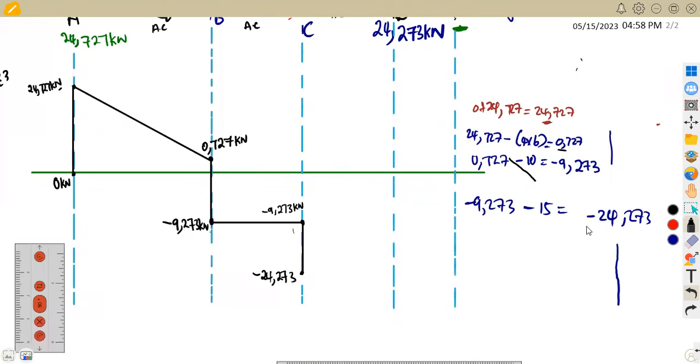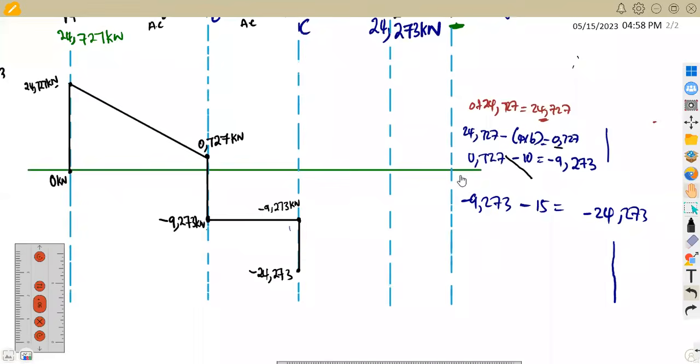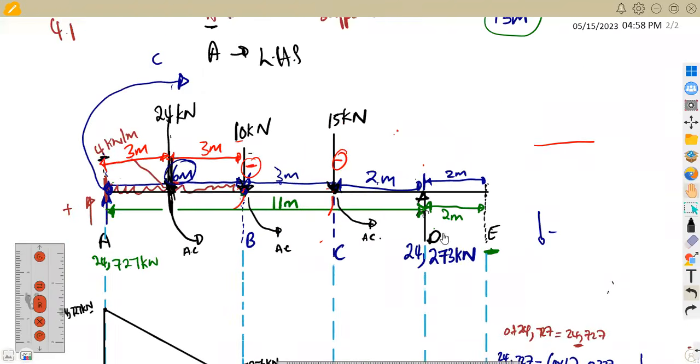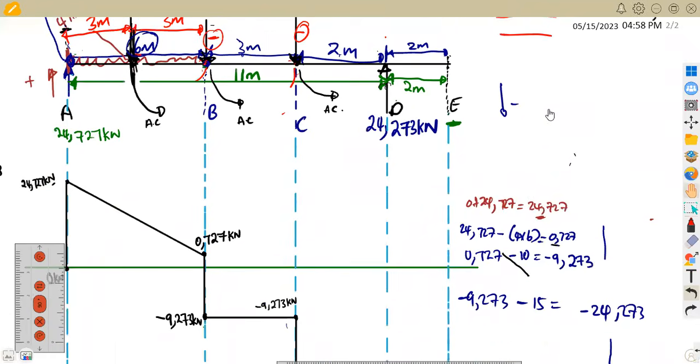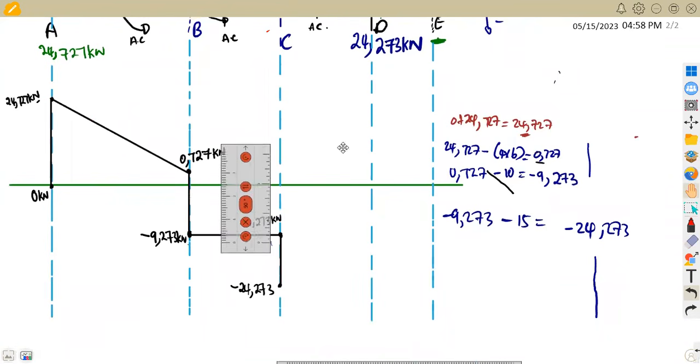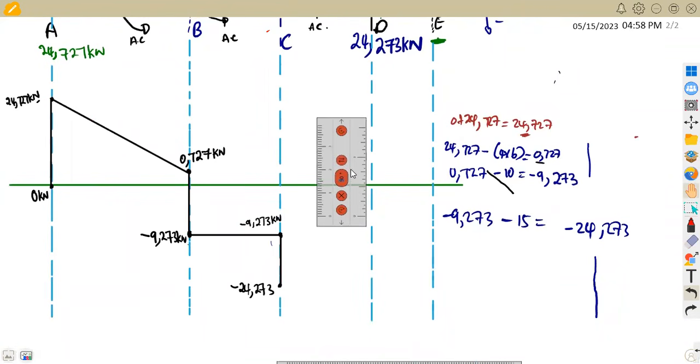All right, let's check what we have from C to D. Between C and D, there is nothing, just like between B and C. So we're going to move straight, a horizontal line, to join from these 2 points. That is between C and D. So here we do not have anything.